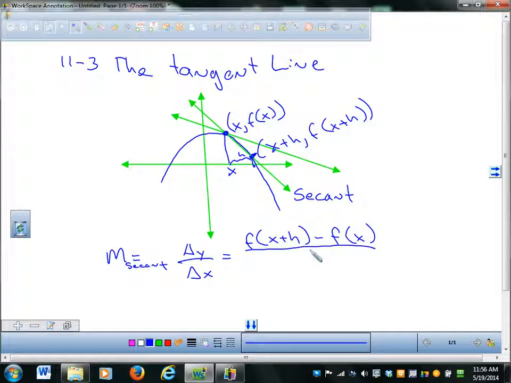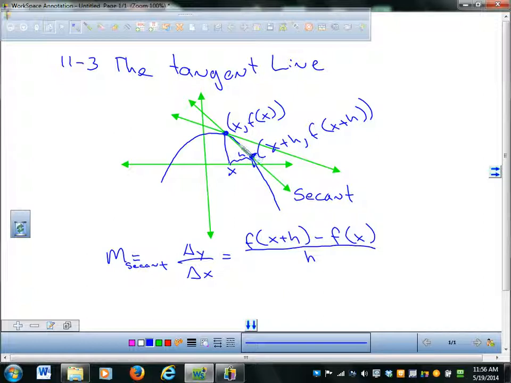What's x plus h minus x? It's just plain old h. See that? And that's called the slope of the secant line. And so that will give you an approximation of the rate of change, but depending on how big I make h, it's not a very good approximation.